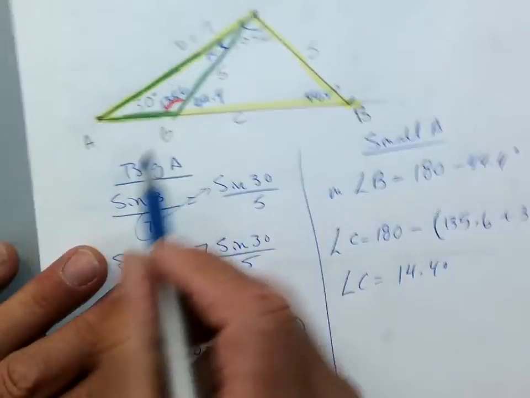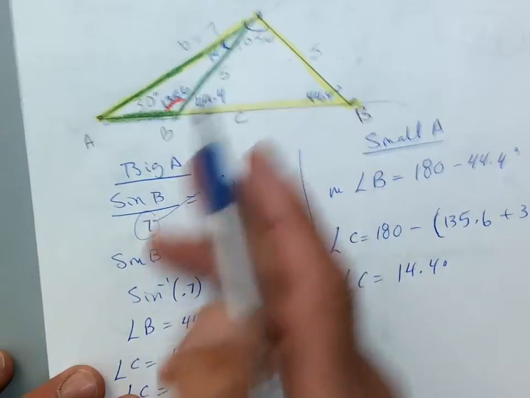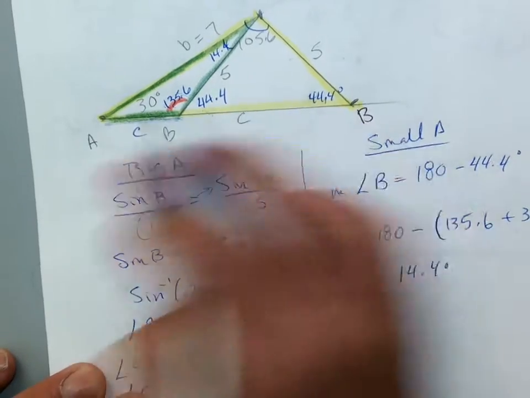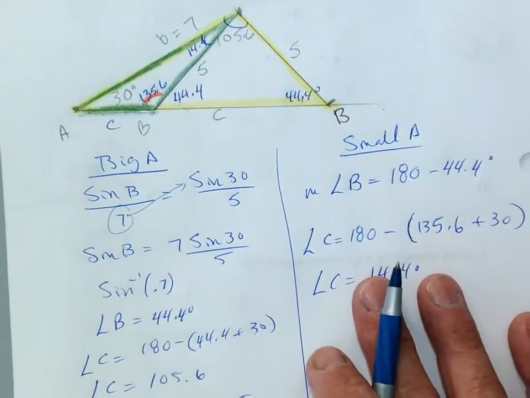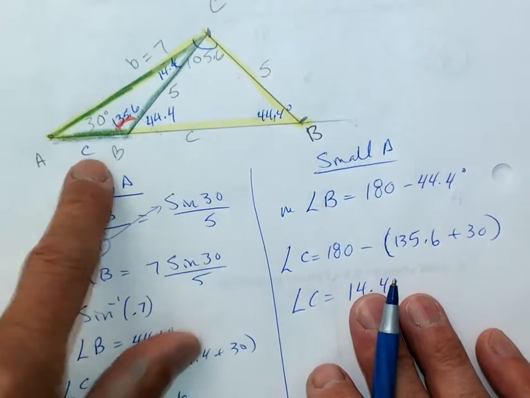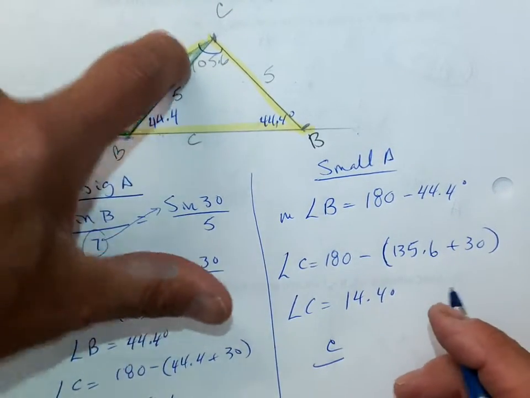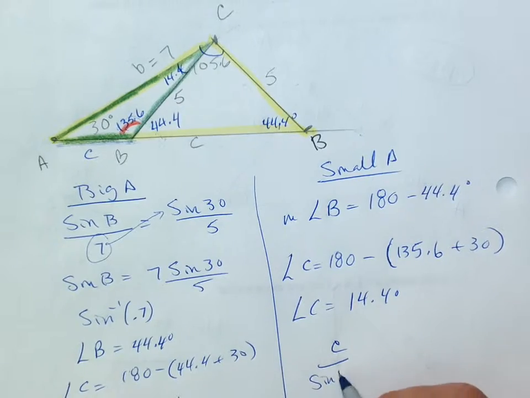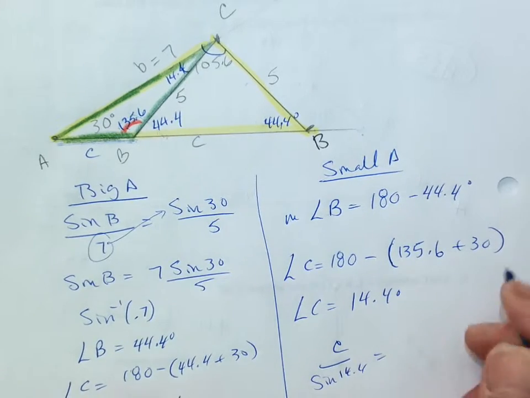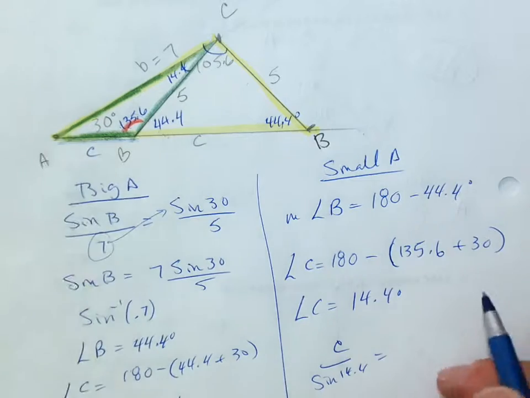And then finally, side C is actually only this little side here. That's side C, not the whole thing. And we'll set up the same way, but with different angles. We want to find C, put that on top. We're going to go side C over its opposite. Sine of 14.4 equals 5 over the sine of 30.